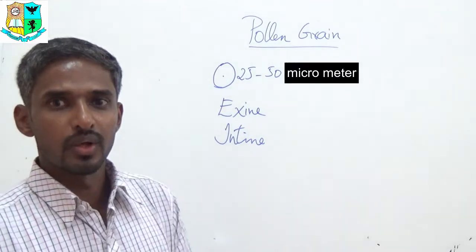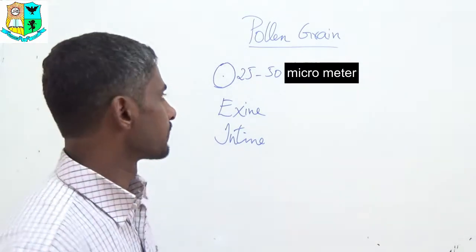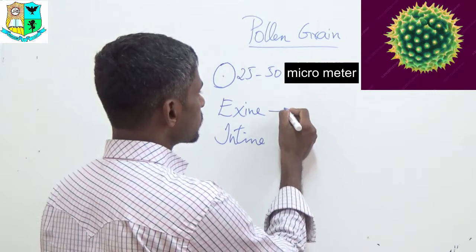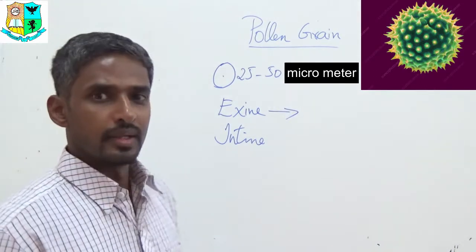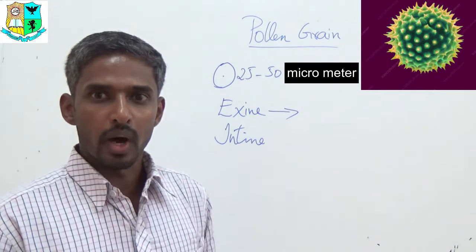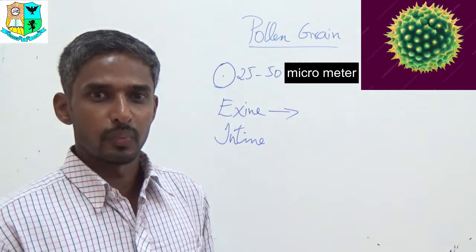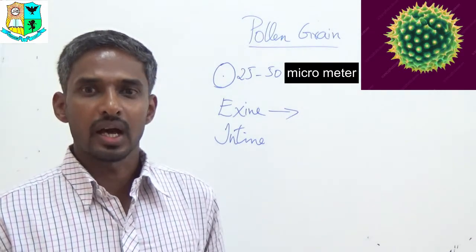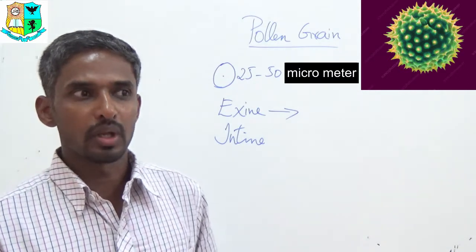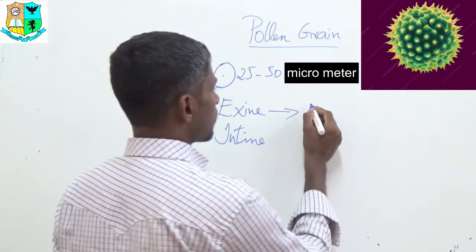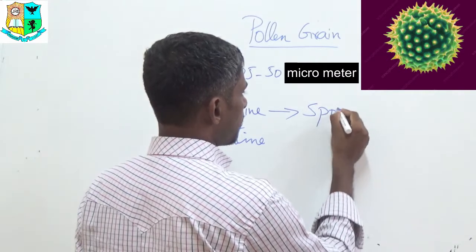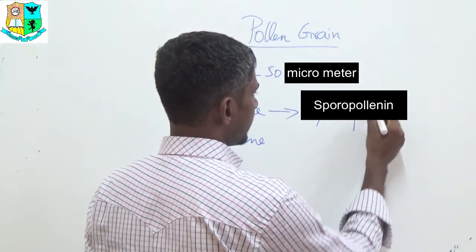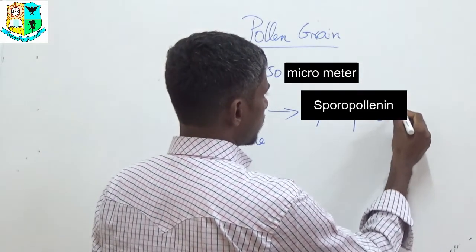Now let us look at what is this exine. Exine is the outermost layer, and it is made up of one chemical which gives maximum resistance to any harsh condition faced by the pollen grain, and that chemical is called sporopollenin. So very important, sporopollenin.